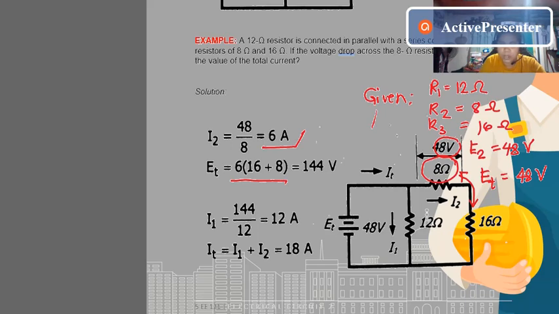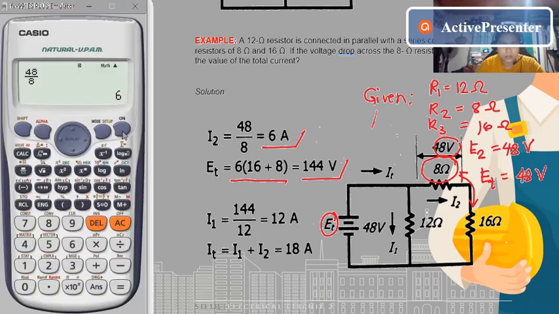Therefore, ang total voltage here is 144 volts. So we have 6 times, so pakita nato sa calcu: 16 plus 8, so 144 volts.